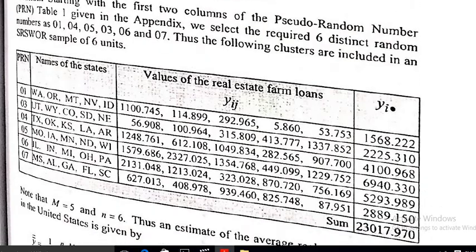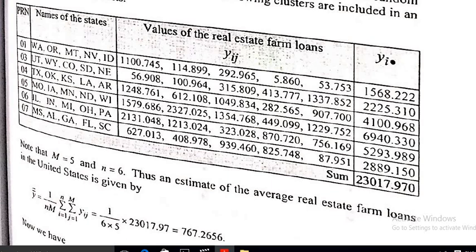There are 6 clusters which have been selected, n is equal to 6, and each cluster consists of 5 states, so M is equal to 5. Thus an estimate of the average real estate farm loans in a state is calculated here.